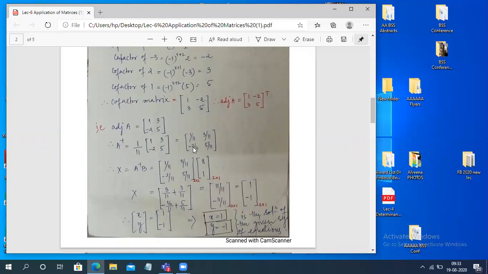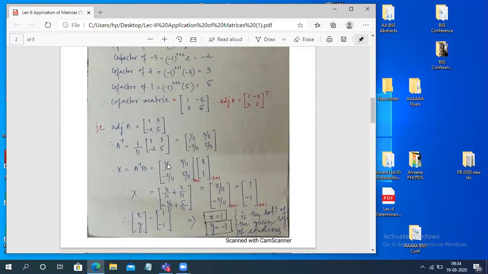Now the second step is to find the unknowns, that is x, y. We have to multiply A inverse with B. So multiply this matrix A inverse with the matrix B, that is 8 and 1.